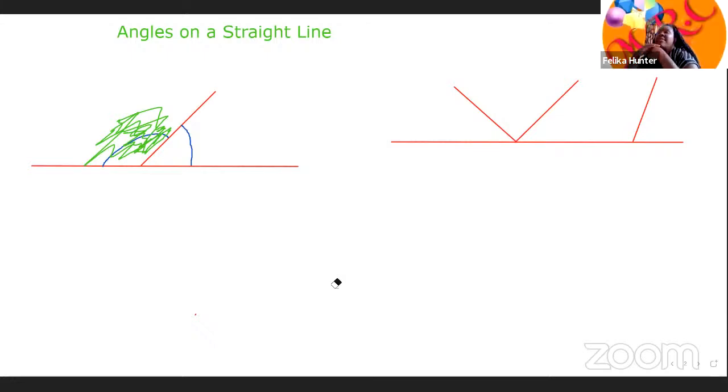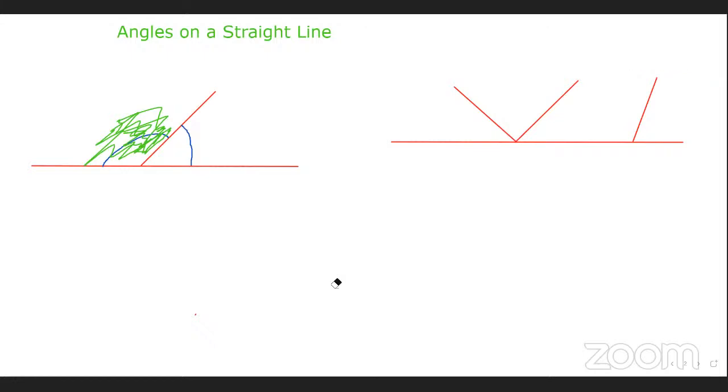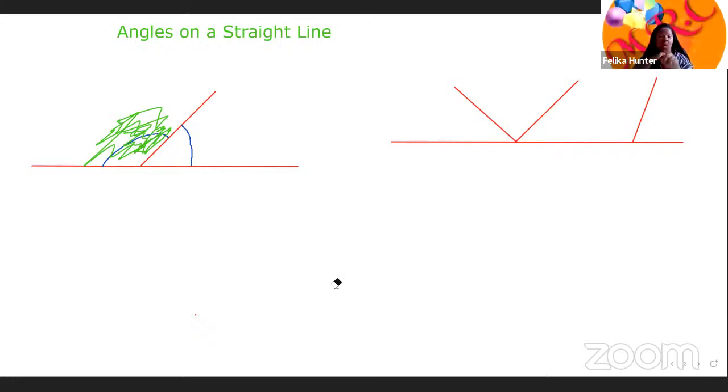So you're saying that we can have 2 angles that are greater than 90, and they're going to add up to less than 180? One. Miss, only one, right? Only one obtuse angle you can have on a straight line.